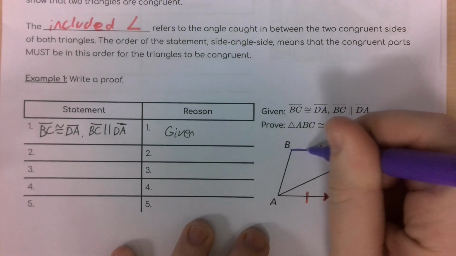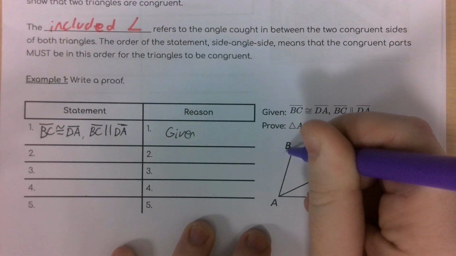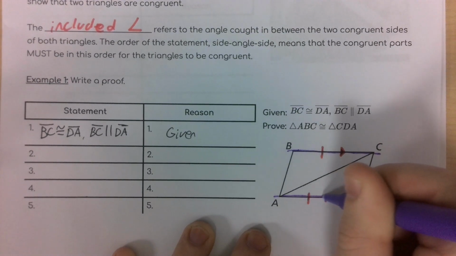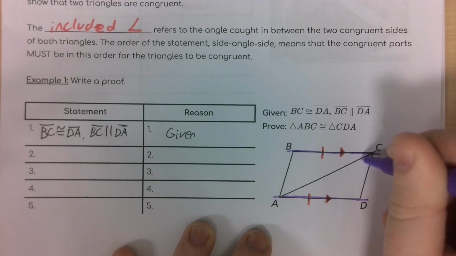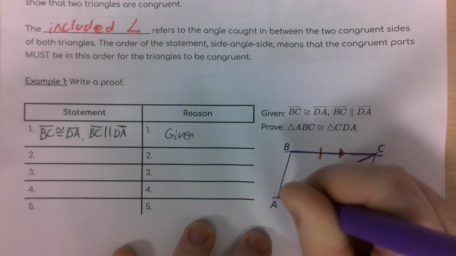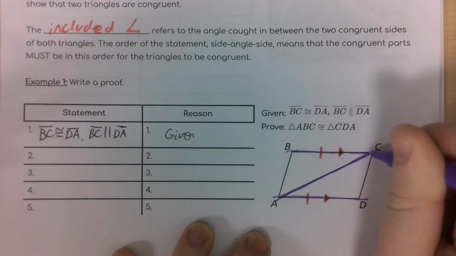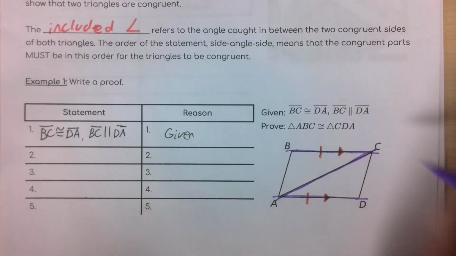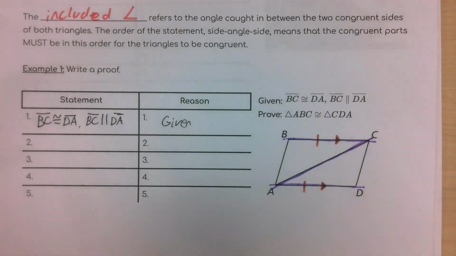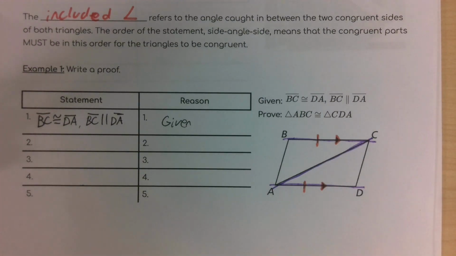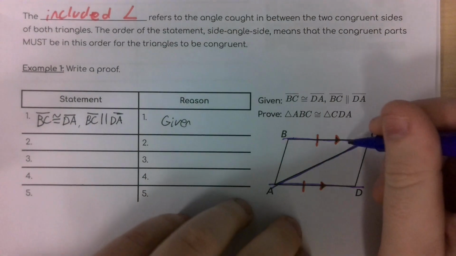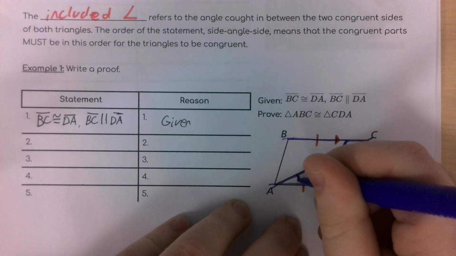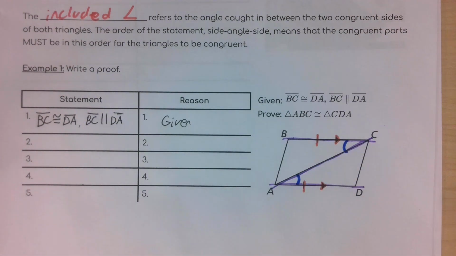And we know something about parallel lines. When you have two parallel lines cut by a transversal, it forms a whole bunch of different fun and congruent angles. Two angles that form in particular are the alternate interior angles, and we know that those are congruent.